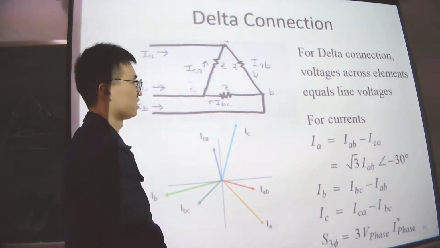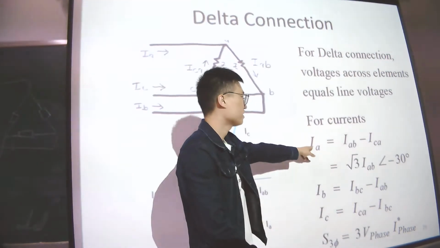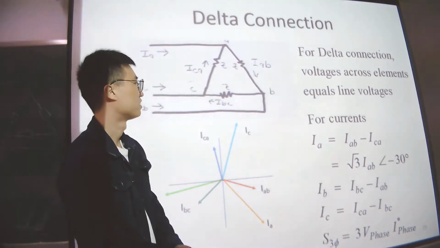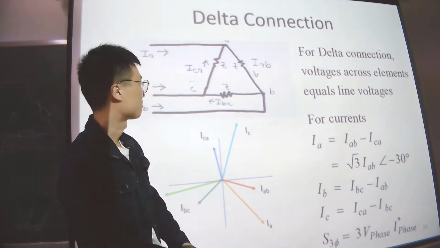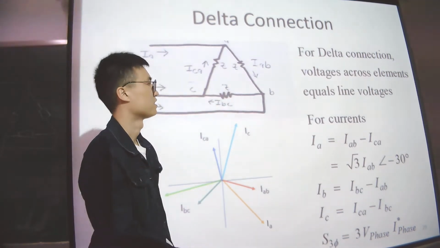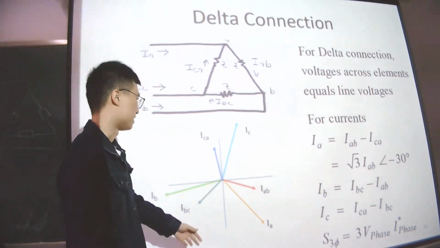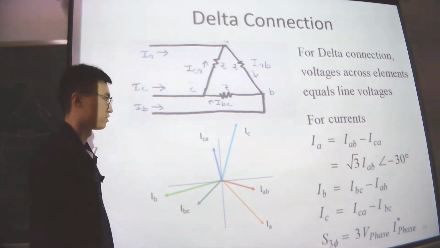So we use the phase currents from A to B and from C to A, and we can use these phasor figures to calculate.